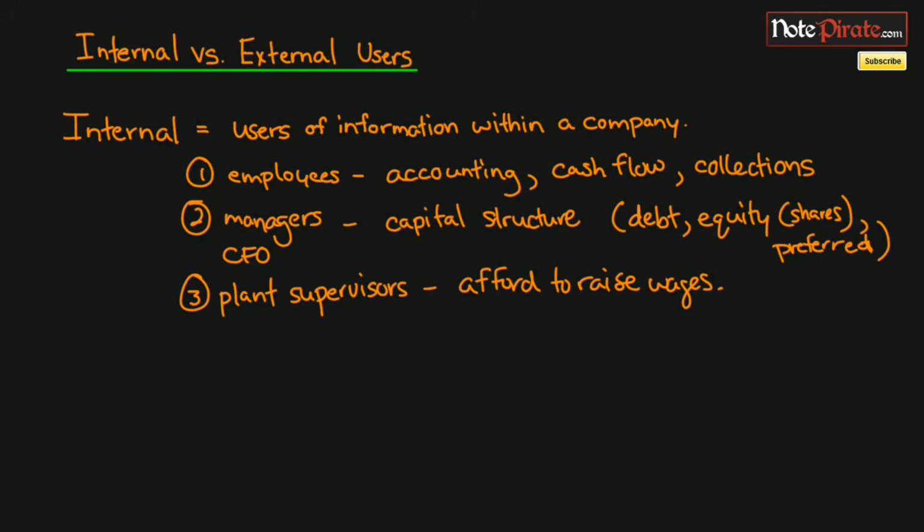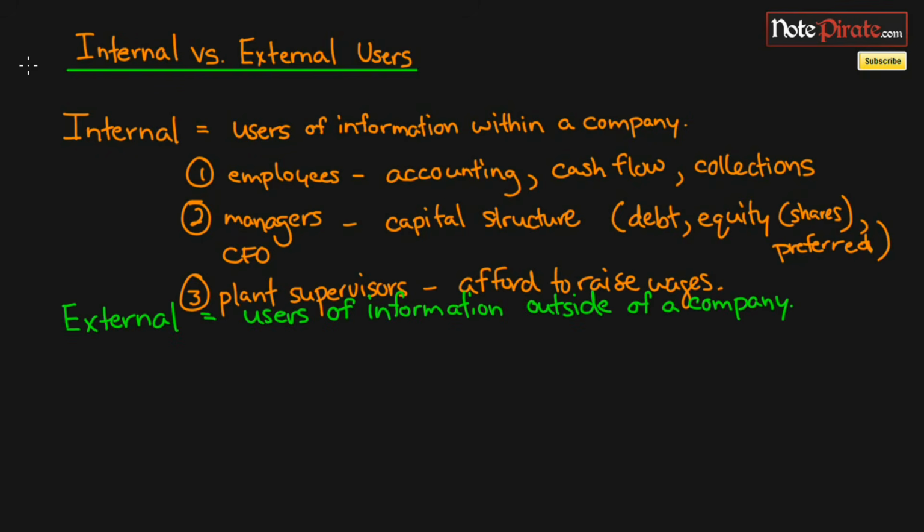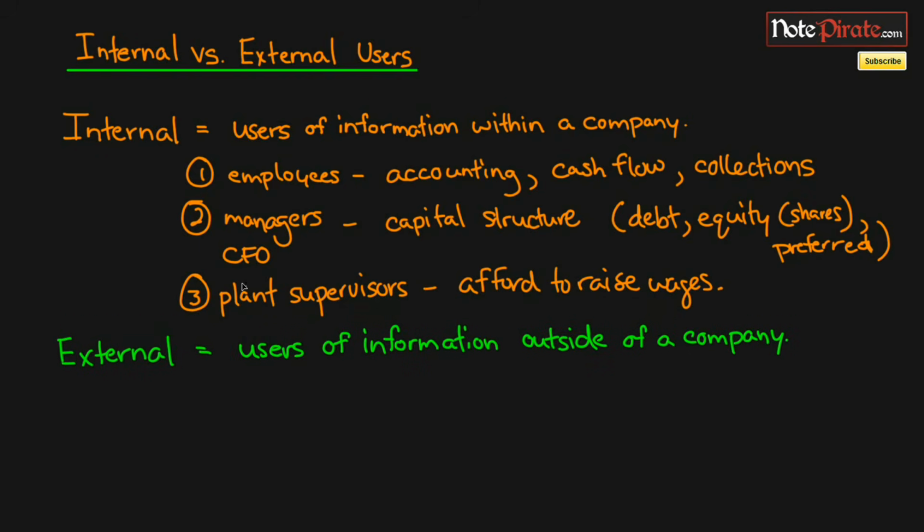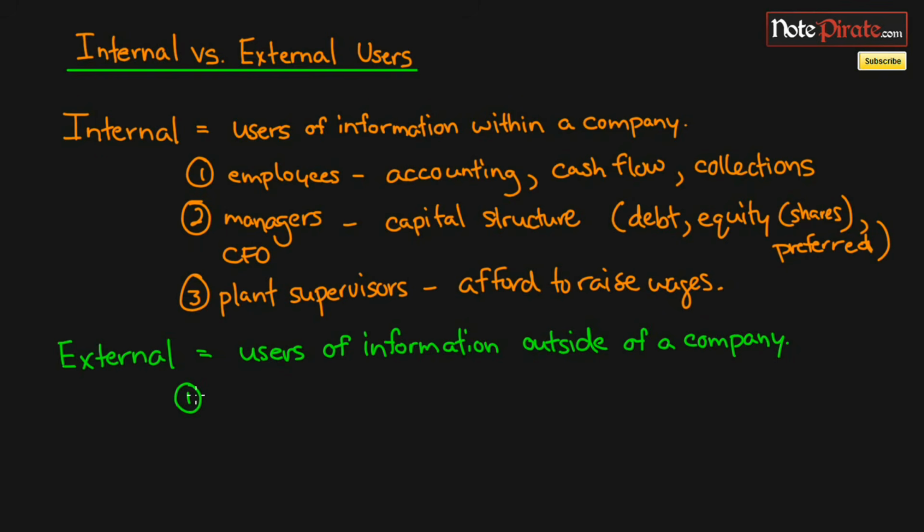Let's talk about external. Let's bring up this layer. So I've got external, it's kind of overlapping on top of internal. External users are users of information that are outside of the company. So I think you can basically deduce what kind of user that is. It's maybe like a creditor, like a bank.